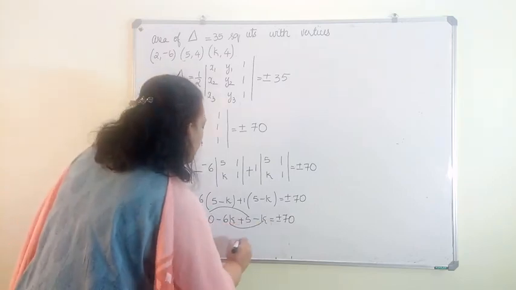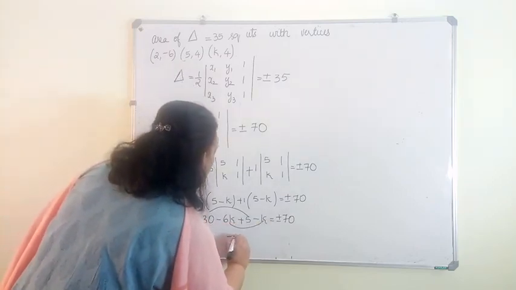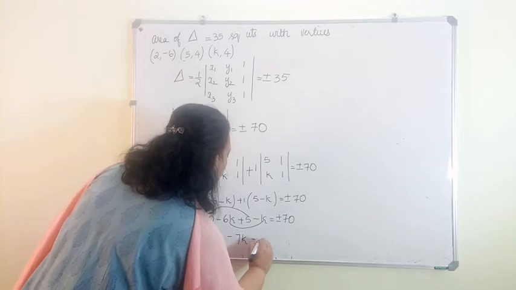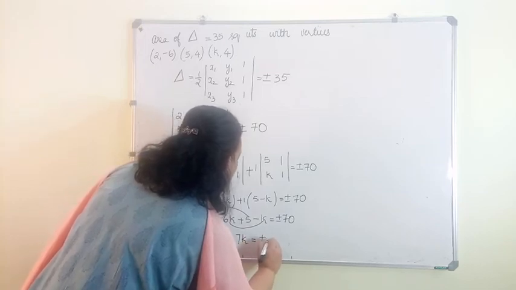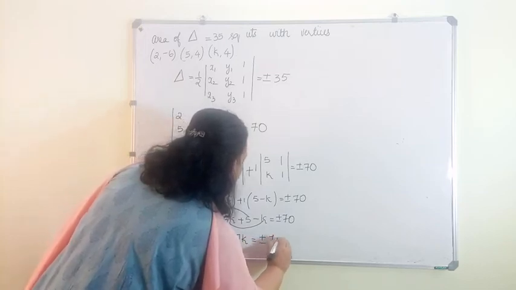Minus 6k minus k is minus 7k, equal to plus or minus 70.